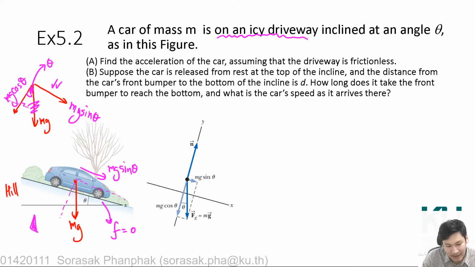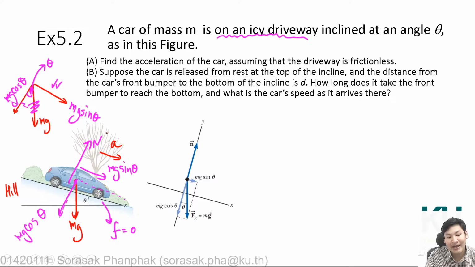Since you have the direction of the force over here, you have the normal force acting perpendicular to the pushing direction. We write it like this: mg cos theta. With this motion, what you see here is this car moving with acceleration toward the downhill. So it looks like this.